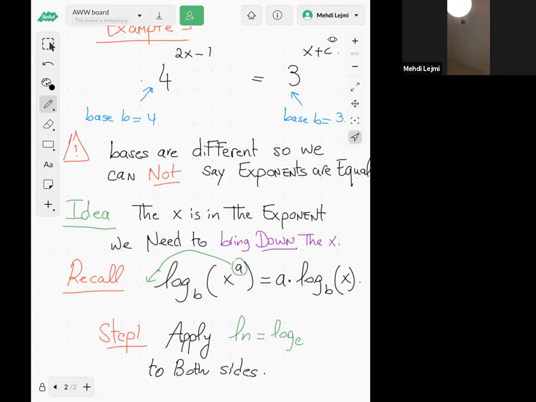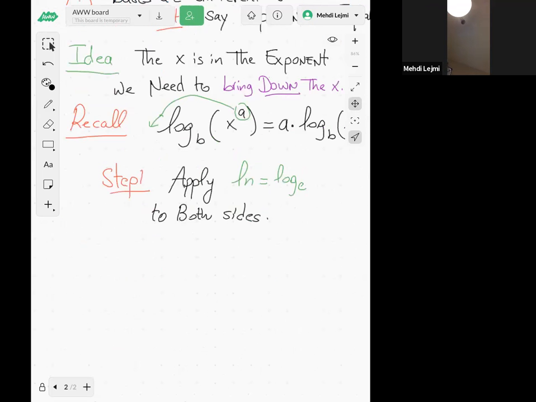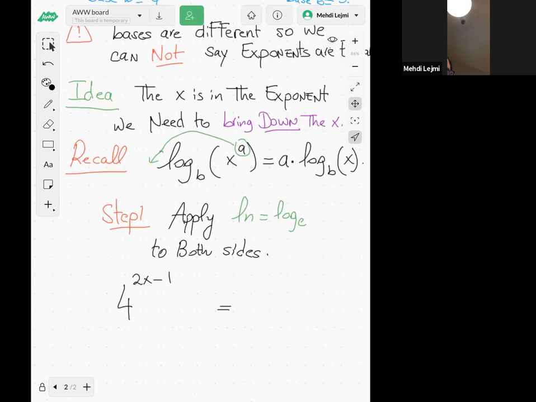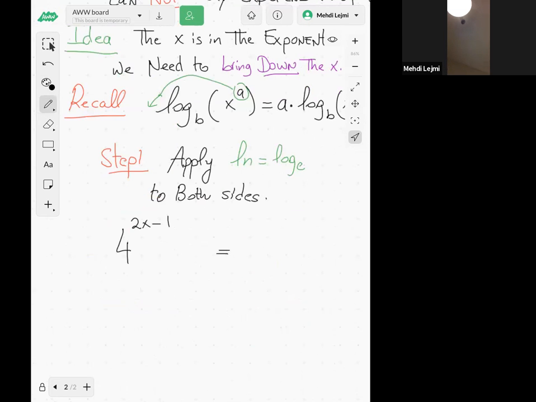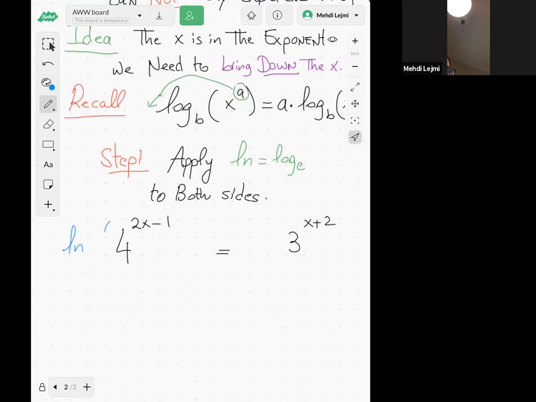So on the left side we have 4 to the power 2x minus 1, and on the right side we have 3 to the power x plus 2. I'm going to apply the natural log to both sides.